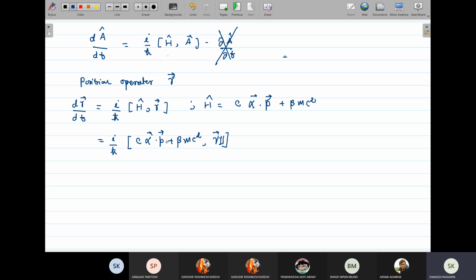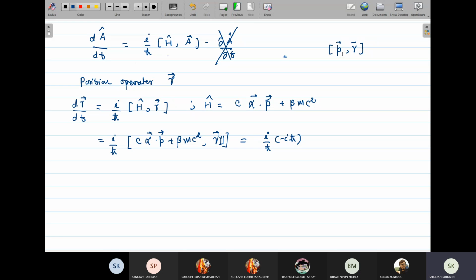So what is this commutation relation? You demand the usual commutation relation between x and p. With that, what you will get is i by h cross, and r.